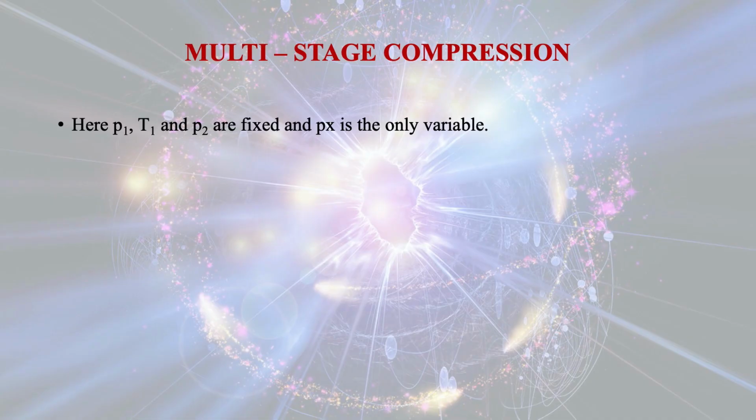Now in this case the work done will be minimum if you differentiate this expression for the work done with respect to Px, because the only variable in the expression is Px: P1 pressure is constant, P2 final pressure is also constant, initial temperature is constant, n is constant. So to find the minimum work done, you have to differentiate the expression for the work done with respect to Px.